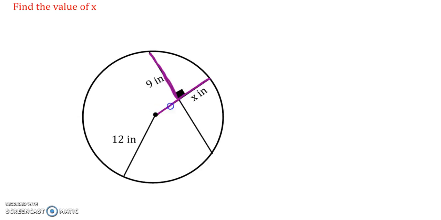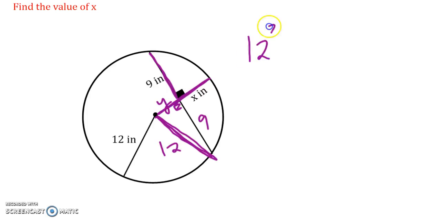Yes, we know this is a radius, so we would know that's 12, but I can also put a radius here, and I know that this is 12, and now I know this is 9, and I know that's 90 degrees. So I'm simply going to run Pythagorean theorem to find this little piece, which I'll call y.